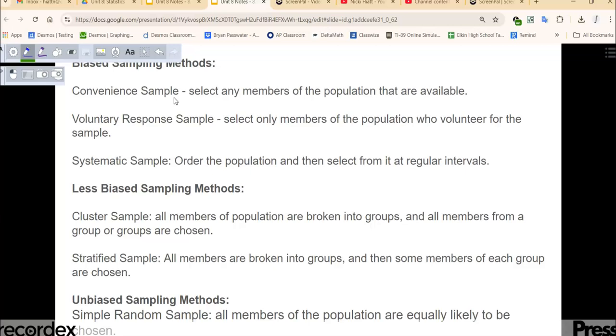Another thing that's going to offer a biased result is a voluntary response sample. They actually use these a lot. Anytime you go to a store and there's a survey at the end of your receipt, or whenever you eat at a restaurant and they might have a card that you can leave a response on to tell how your service was, you are only selecting members of the population who volunteer for the sample, and these are typically going to be the people that have very strong opinions.